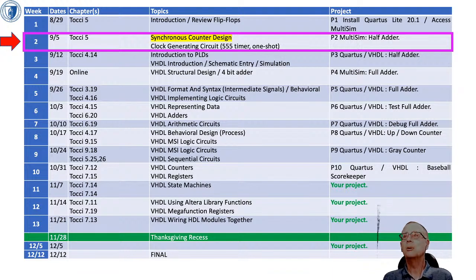So this is where we are this week, and I want to talk a little bit about synchronous counters and clock generating circuits. So I hope you understand the difference between the words synchronous and asynchronous. They're being used a lot at the moment because of the whole way teaching is being done differently.